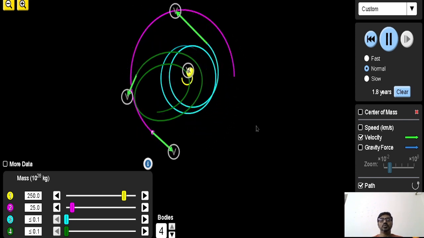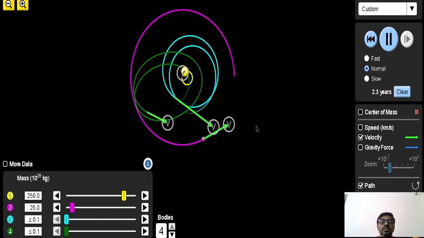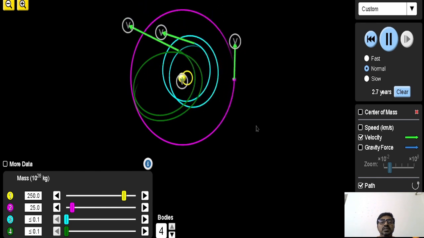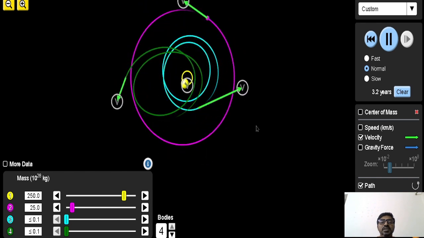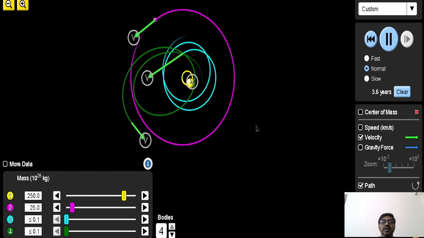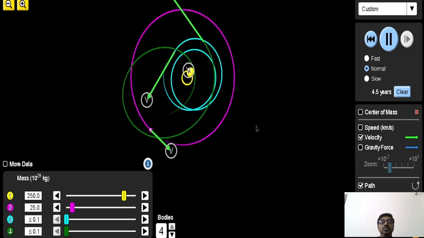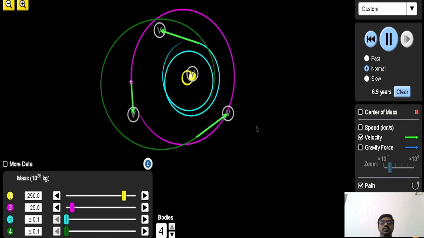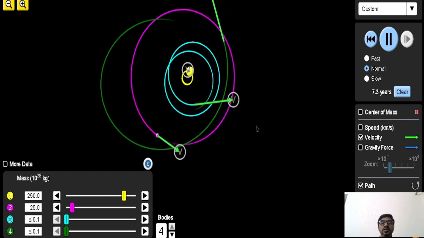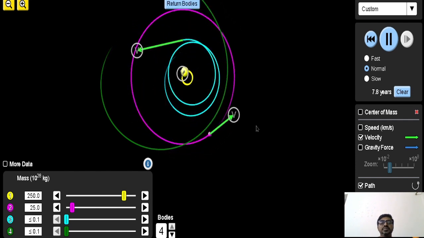This is a beautiful movement. With respect to the center of mass we are observing. I'm just waiting to see if we can have any collisions. We can see the precession happening, how the orbits are getting drifted. They're not closed paths. Okay. The Sun is also moving with respect to the center of mass of the system.